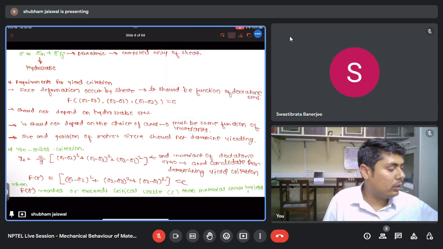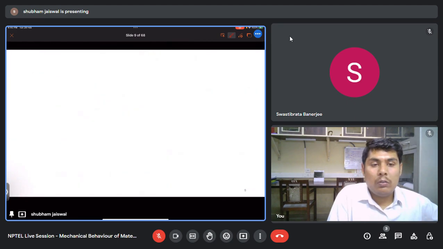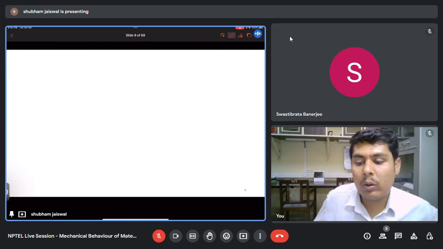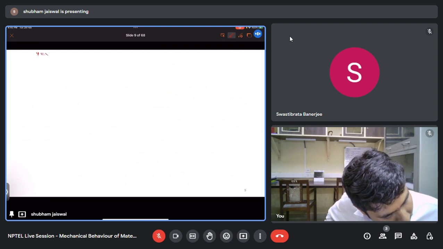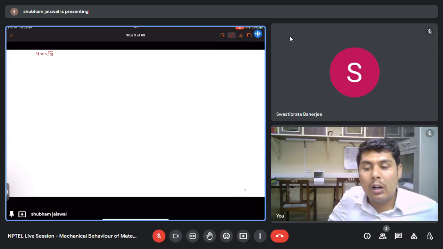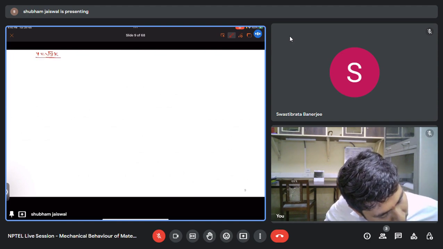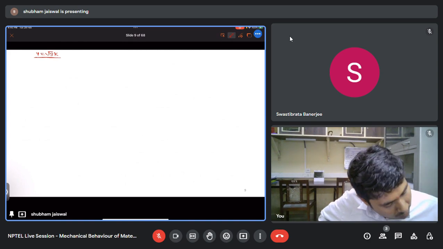After von Mises, we have seen the Tresca criterion. But before that, we derived a relation between the yield strength and shear strength for von Mises: yield strength is root 3 times the shear strength.